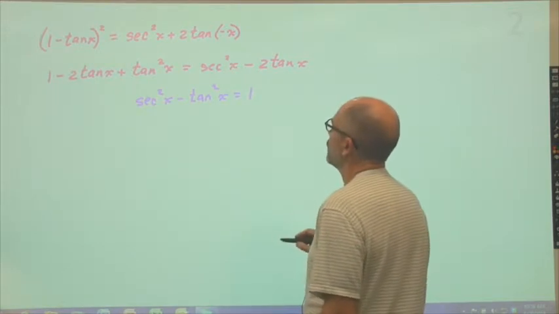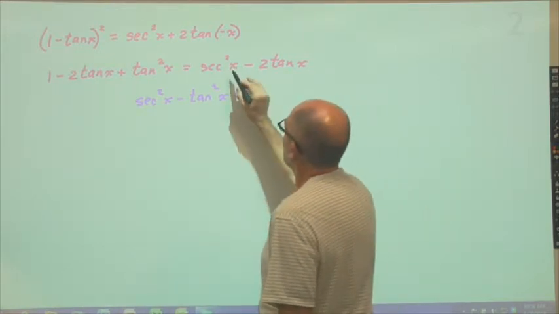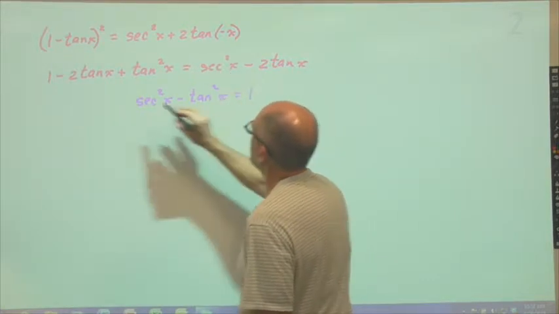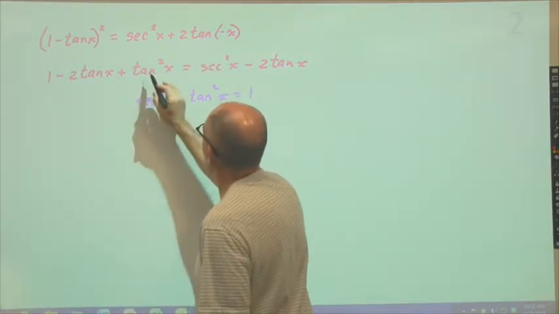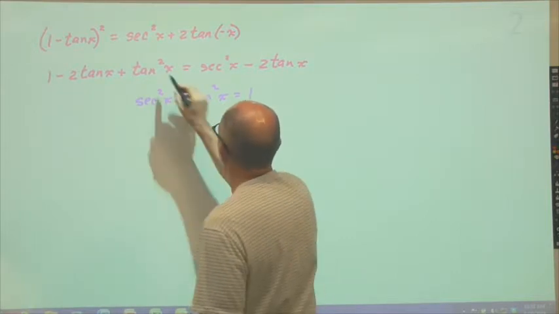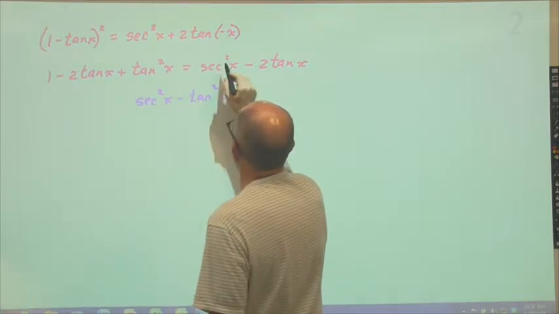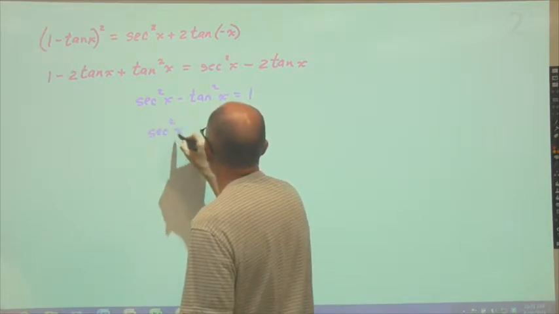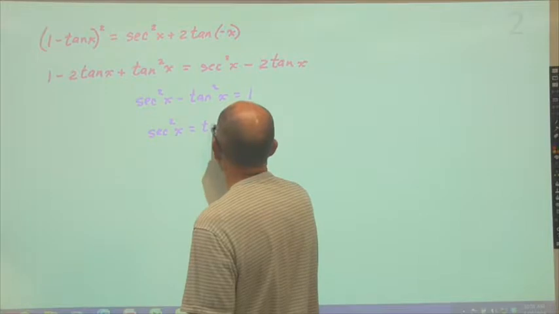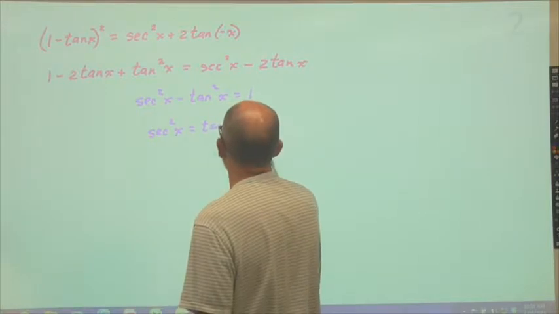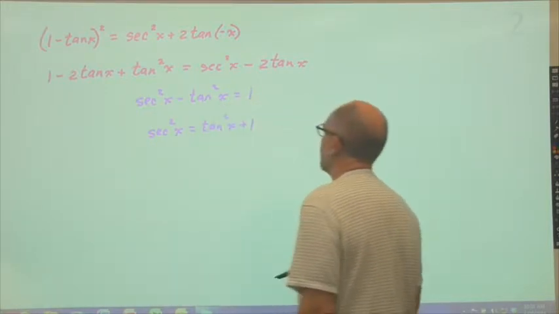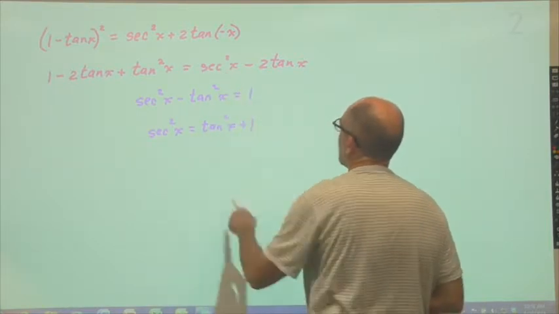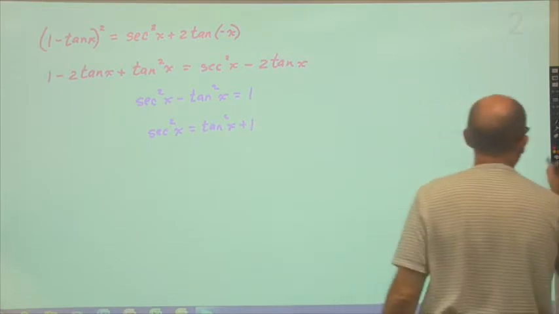So what I could do is substitute for the, well, let's actually use this one. I think it's actually better to go this way: secant squared equals tangent squared plus 1. We just add that over to the other side. So that's what I'm going to do. Here's a secant squared, and I'm going to make that a tangent squared plus 1.